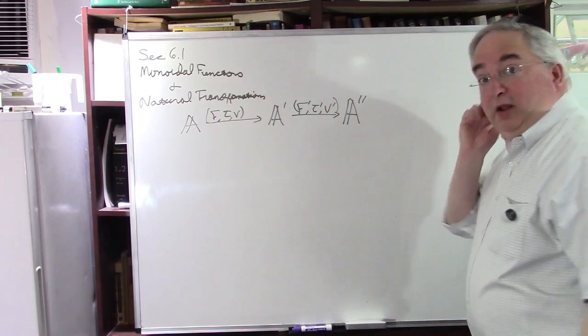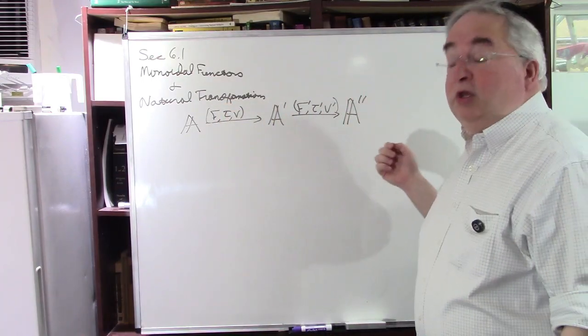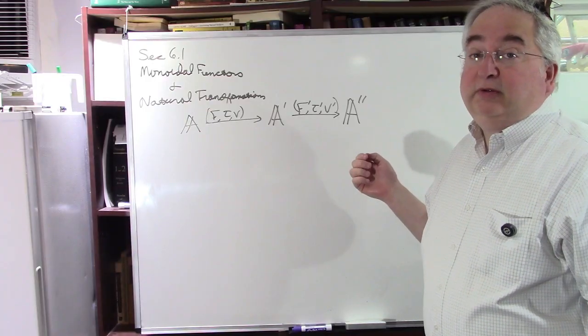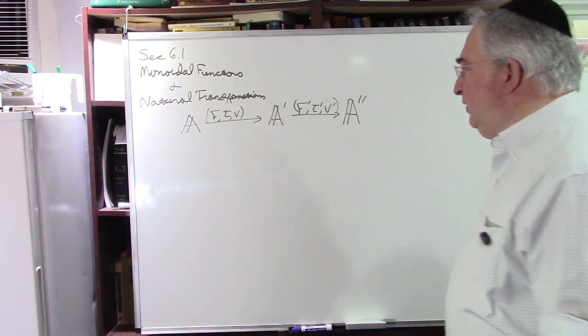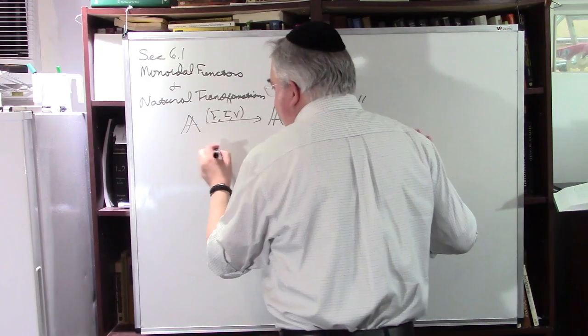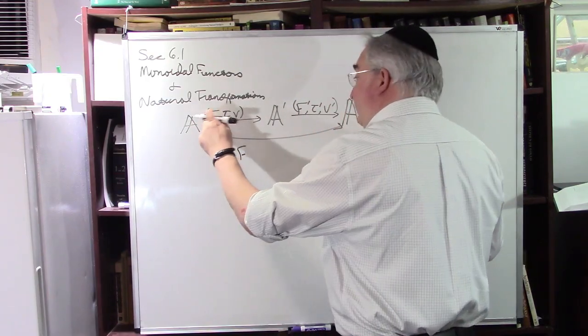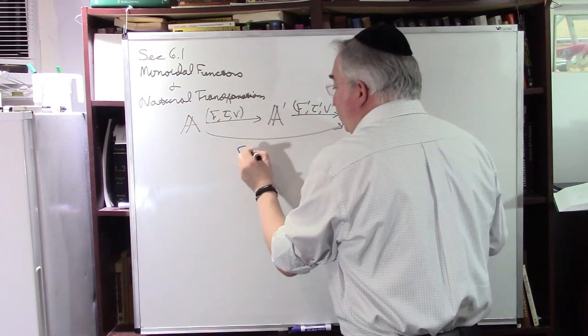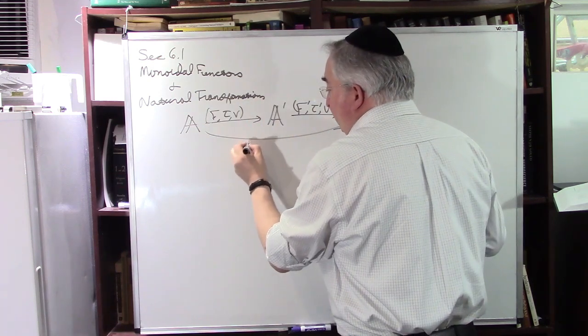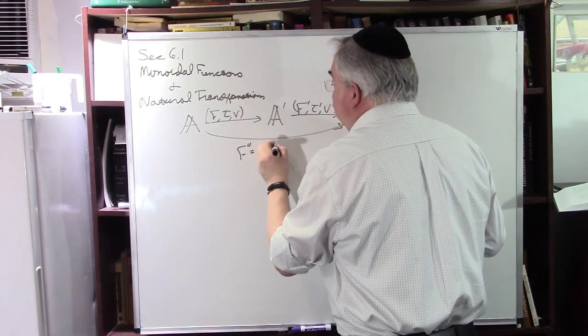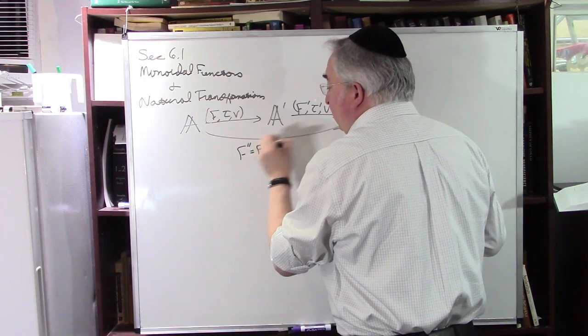Okay, well, I'd like to know how these compose. The way they compose is very simple in terms of the functor. So this functor composes with this functor. So this is going to be F double prime, which is equal to F composed with F prime.